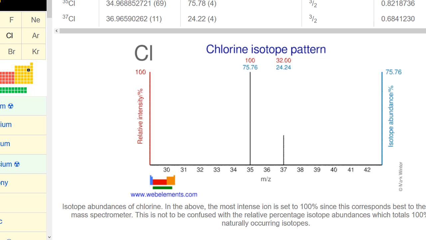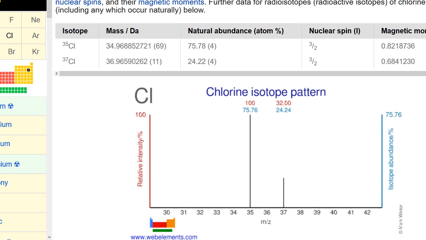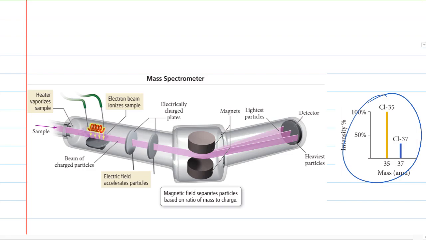So now if we wanted to use this information to calculate the atomic mass, let's look at such an example. Let's calculate the atomic mass for chlorine.